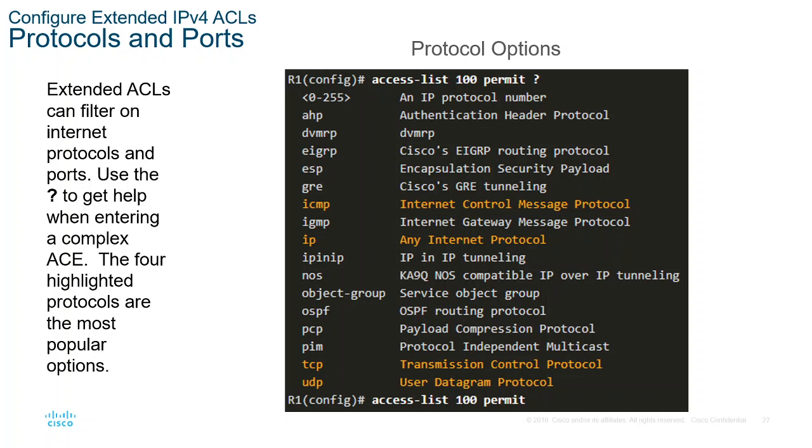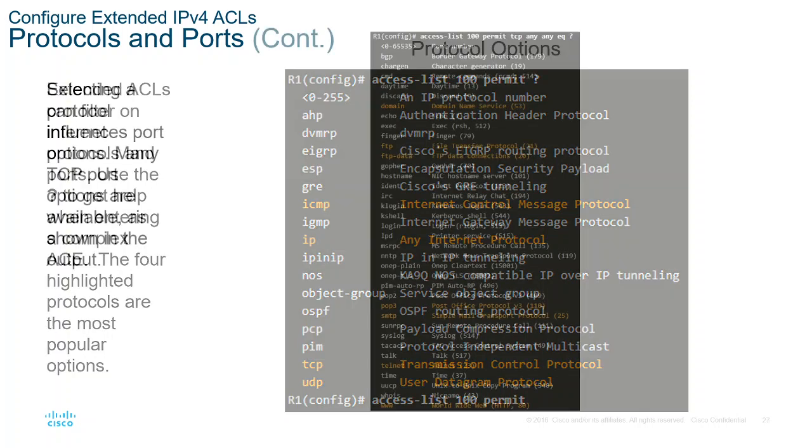If we want to configure something more complex, or based on different types of traffic, then we need to use extended access list. For example, if you are going to filter IP packets, TCP packets, or UDP packets, or any specific types of traffic, then you need to use extended access list, right?